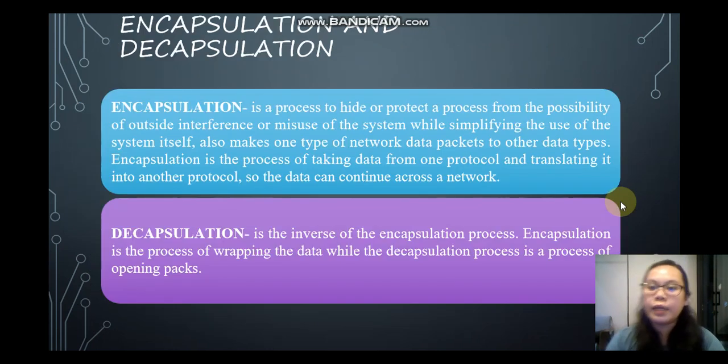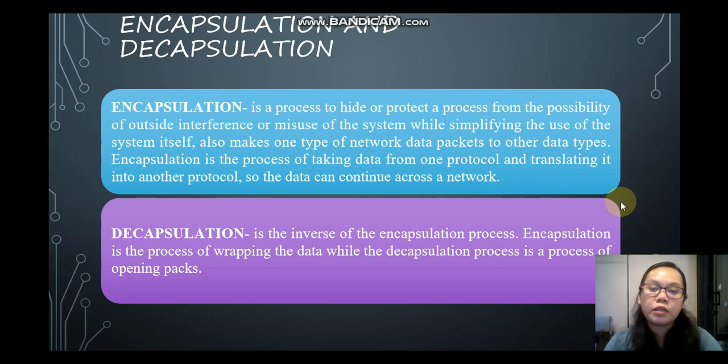Encapsulation and decapsulation. Encapsulation is a process to hide or protect a process from the possibility of outside interference or misuse of the system while simplifying the use of the system itself. It also makes one type of network data packets to other data types.